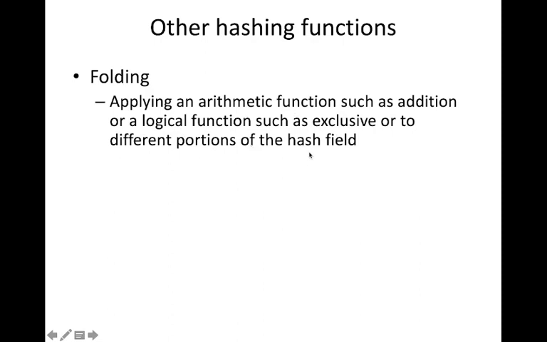So we have a hash field and we take that hash field itself. For example, the hash field is your Aadhaar number, which is a 12 digit number. Now we take that 12 digit number and perform some arithmetic function on it. I'll show an example for folding.